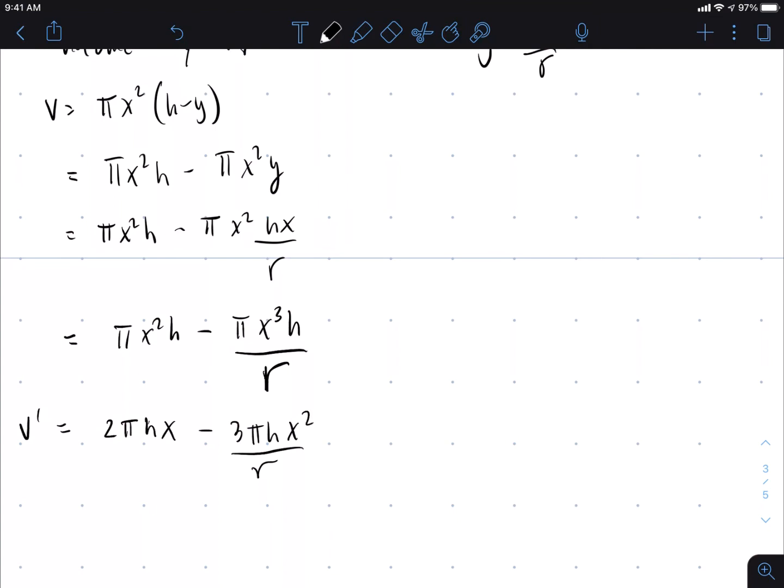Do we agree? Why'd you make the x cubed? Oh, because x squared times x.